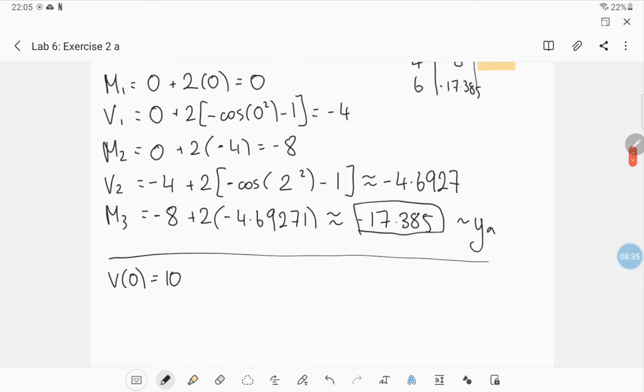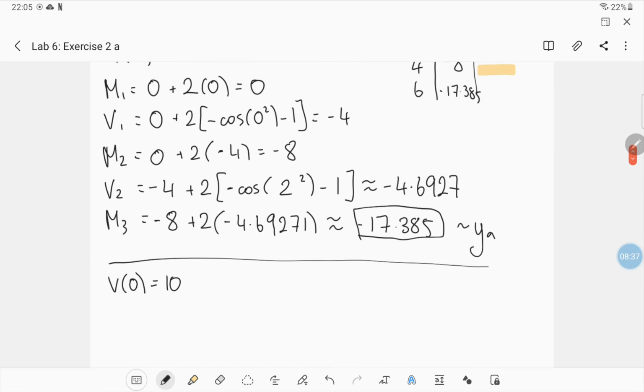Okay. I'm not going to go through the same thing again, but what's important to look out for is that you're using the slope at the previous point, and you're using the previous x value. If we carry this through, M3, which remember is an approximation to M6 with this guess that the initial slope is 10, is approximately that.